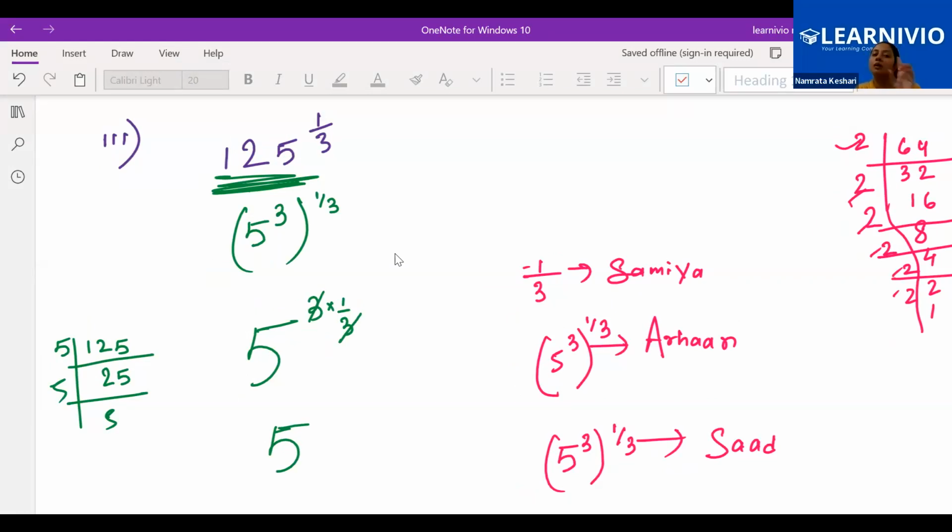Not just for this question or the previous question, but every time we see a bigger number, like 64, 25, 32, any number which can be written in exponent form, please write it. Take a pause at that point, write it in exponent form, and then think which law of exponents can be applied. Okay, let's do the next few questions also.